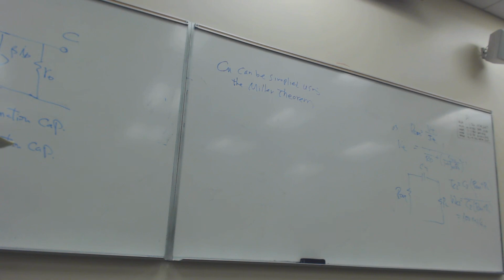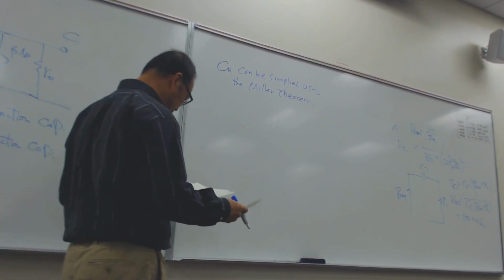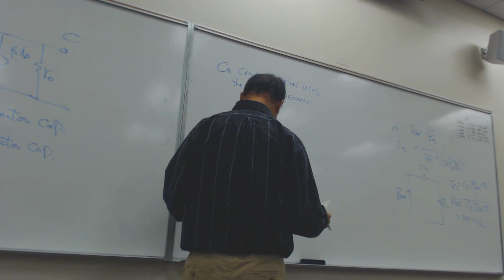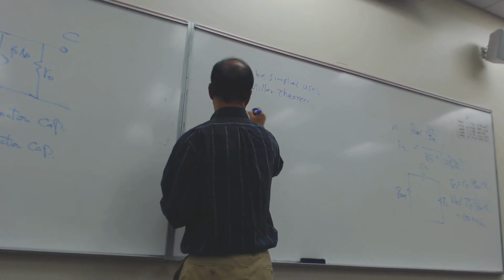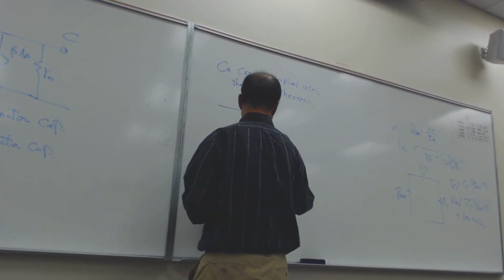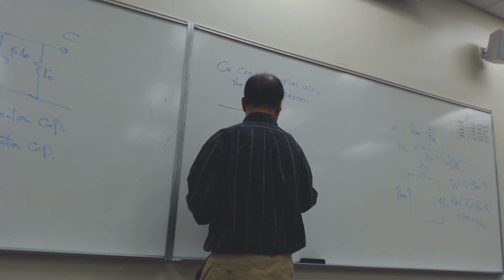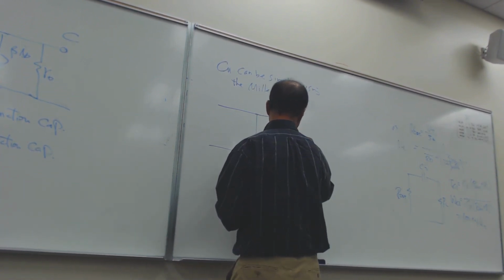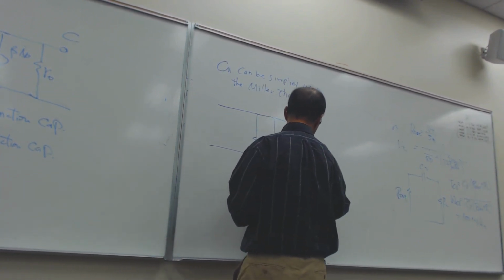I'm going to skip the details. The details can be found in the book. So I will just give you the end result. In the end, of course, you have to use some approximations.